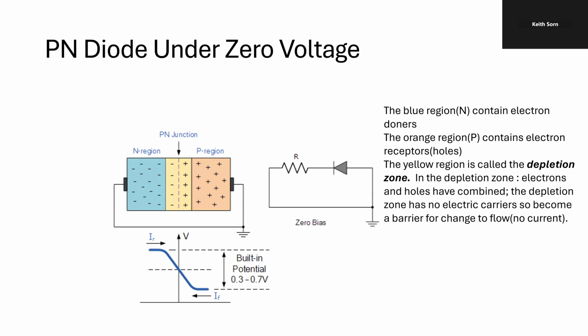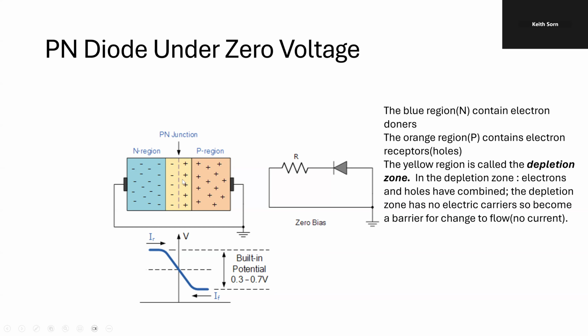Here we take a look at just a regular PN diode under zero voltage. We'll notice that it's comprised of basically two regions, a negative region and a positive region. This N region is doped with electron donors, and this P region is doped with electron receivers.